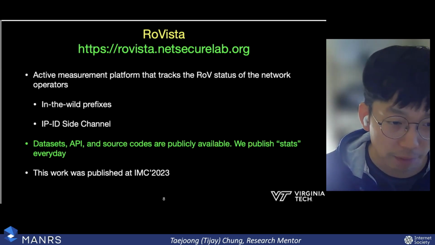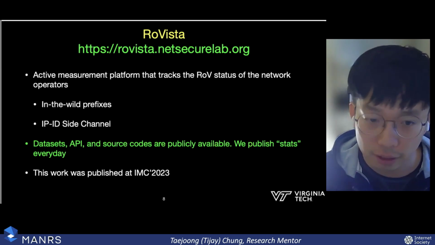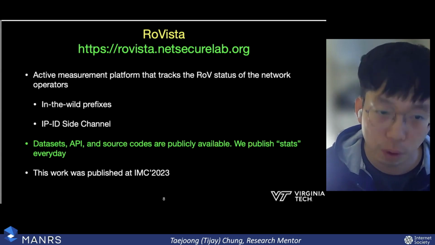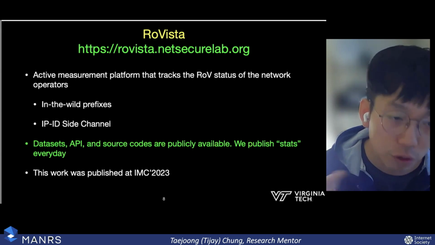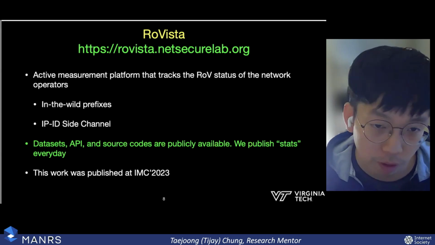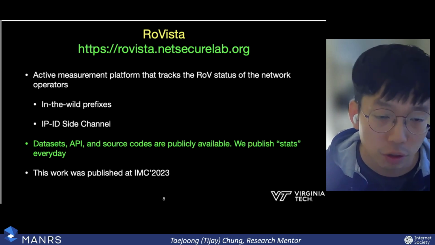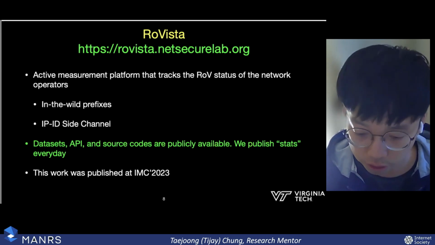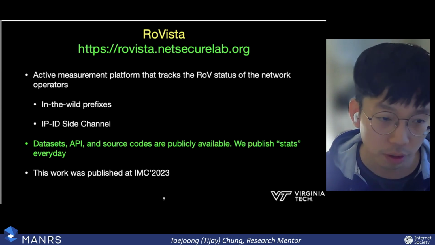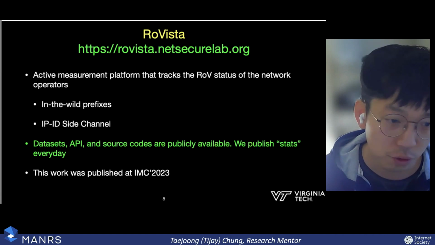The other technique is the IPID side channel technique. At a very high level, it allows us to measure the connectivity between two remote end hosts. Combining these two techniques, we measure how many network operators on the internet use ROV. We are currently covering about 30,000 ASes. Most importantly, we're running a platform on this URL.